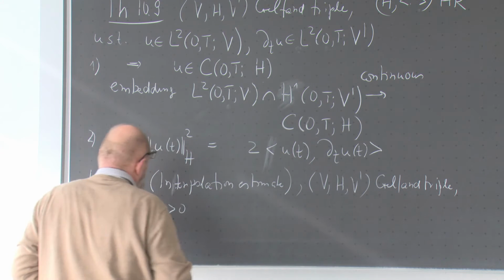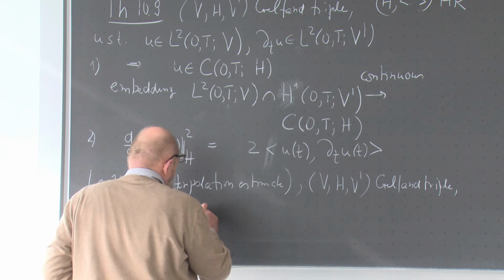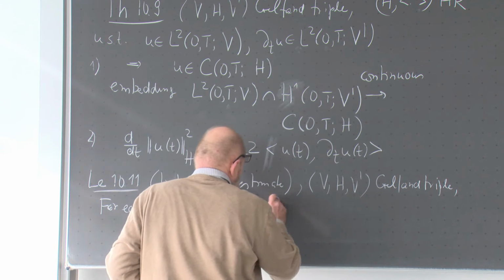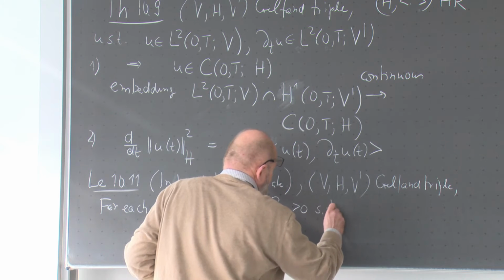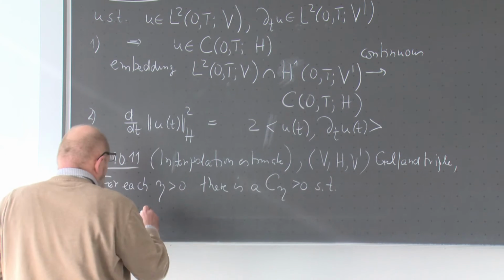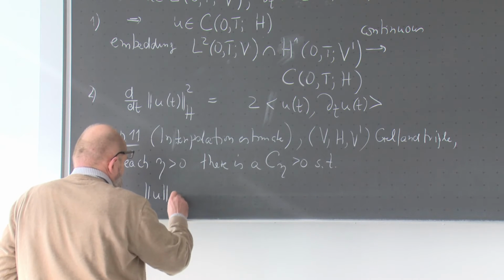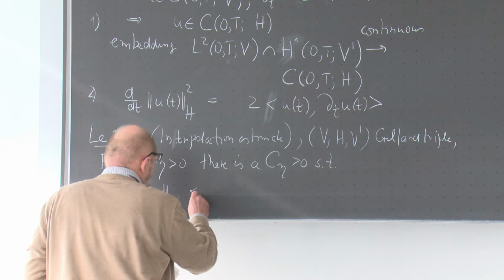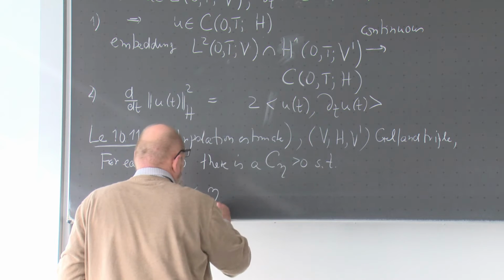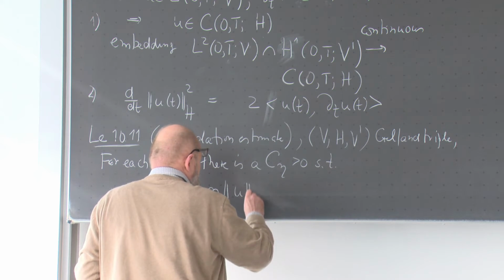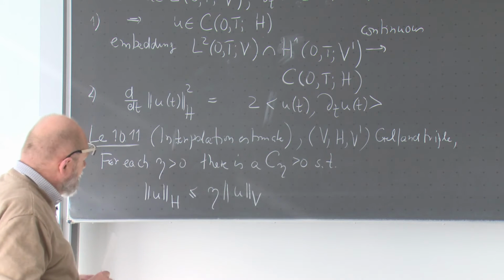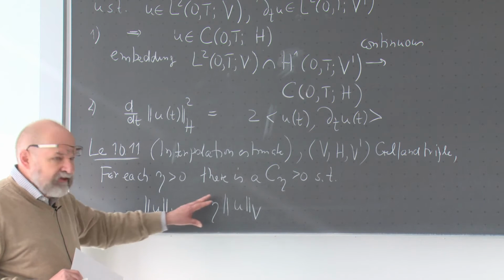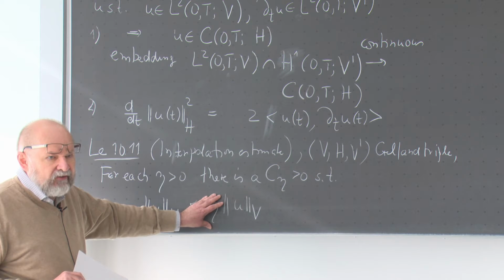And the notion is, for each of these constants eta, there is a constant, a big constant C_eta, such that we can estimate the H norm by means of eta times the V norm. Of course, we have an estimate of this type for a fixed constant, this is just a continuous embedding.